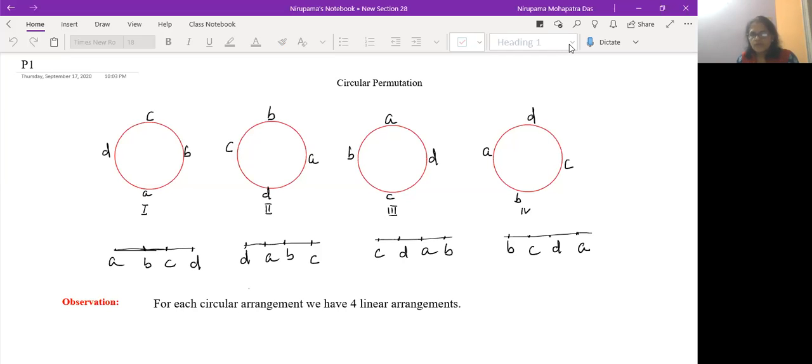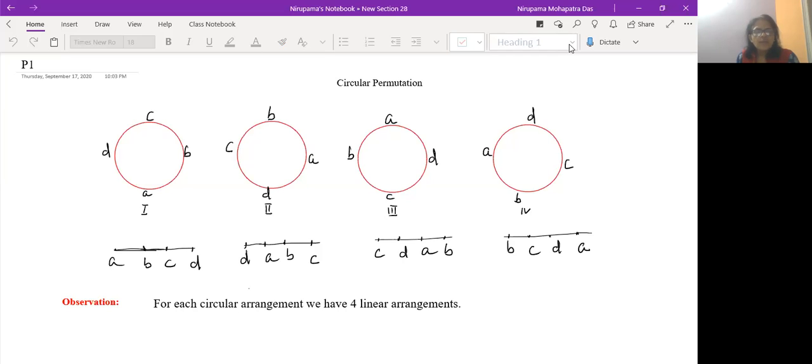Whenever we have such cases, the arrangement of people around a round table, the arrangement of objects around a circle, how do we get the number of arrangements? Whether the number is 4, 6 or any number. So now let's discuss that.